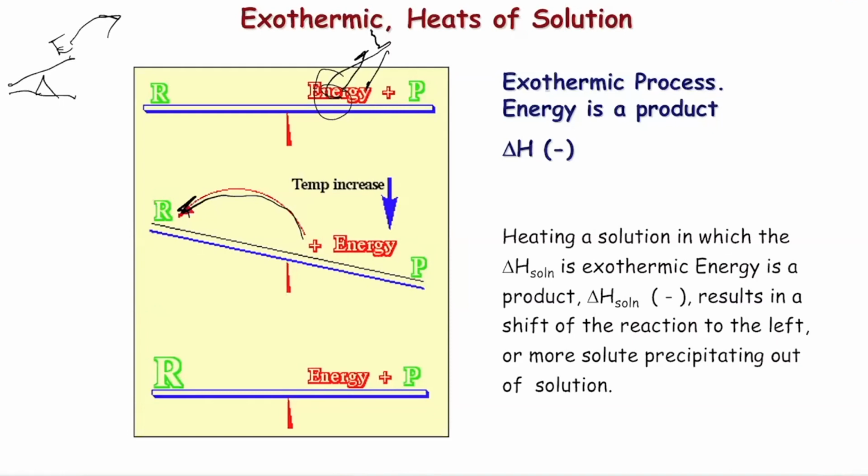In order for the reaction to go back to equilibrium, more of the reactant has to convert over to product until you get a balance. So for an exothermic reaction, adding heat will produce more reactant, and the reaction shifts to the left. Cooling it down is going to produce more product, and the reaction shifts to the right.